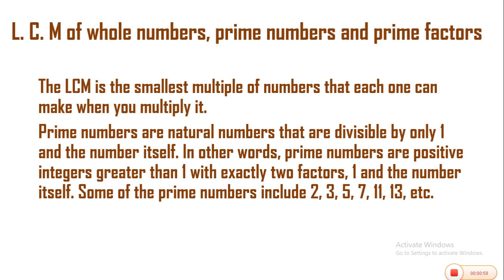The two factors are 1 and the number itself. Some of the prime numbers include 2, 3, 5, 7, 11, 13, etc. If you look at these numbers I just mentioned, they are divisible by themselves and 1 alone. That is what makes them prime numbers.